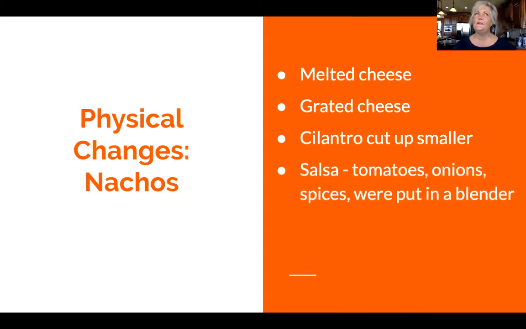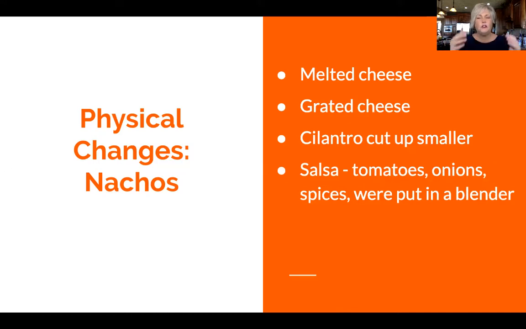And then one I don't think anybody mentioned, maybe one person did, was the salsa. If you remember, as I was pouring that on, I described it to you and said that was tomatoes and onions and it had different spices. Well, the tomato and the onion obviously doesn't look like that. It was all liquefied. They took all the ingredients and put them in a blender, and they did what's called liquefying them, which means they just cut it up so finely that it kind of turned into a liquid.